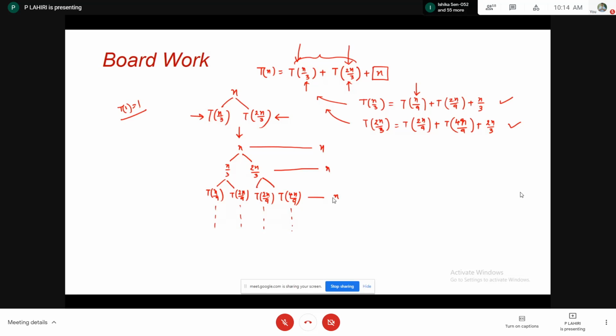Right now it may be n square in the beginning, later on it may be n square by 2, later on n square by 4. It may be different. Correct. I told you in general that not all the time will you get the same cost. It varies from problem to problem. Is it clear? Yes, sir.